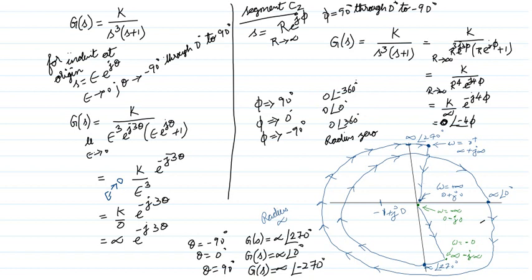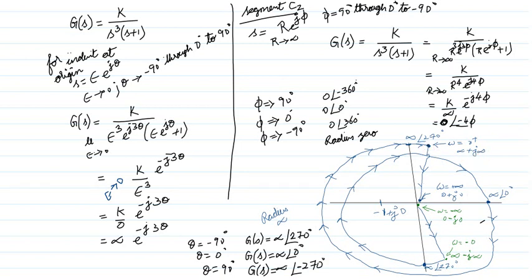Look at this point. At omega equal to plus infinite, what is the point? 0 plus j0. Then omega equal to 0 plus, what is the point? Infinite plus j infinite, it is here.